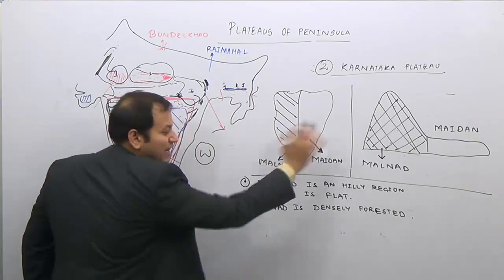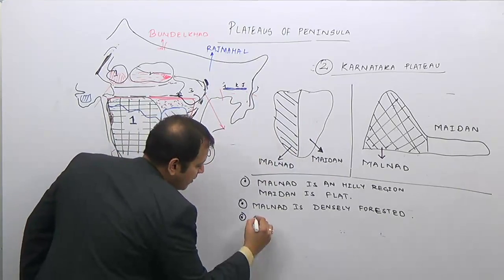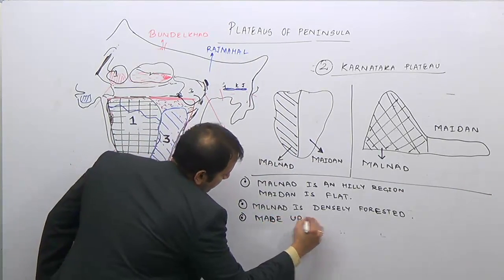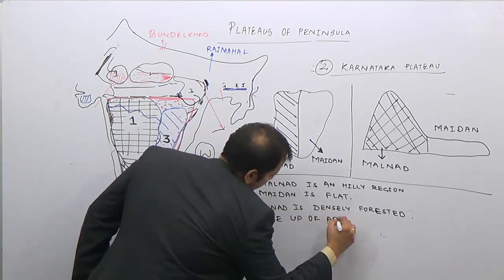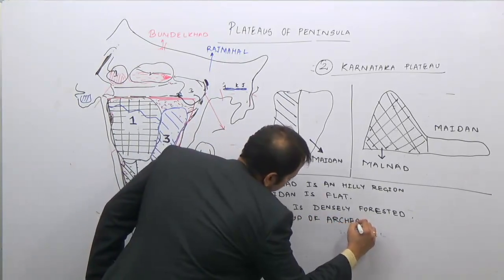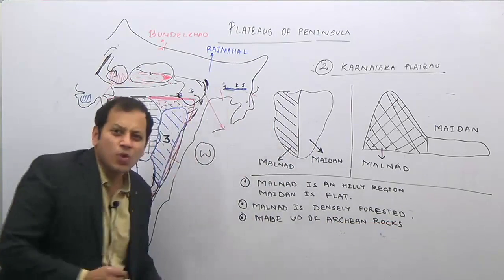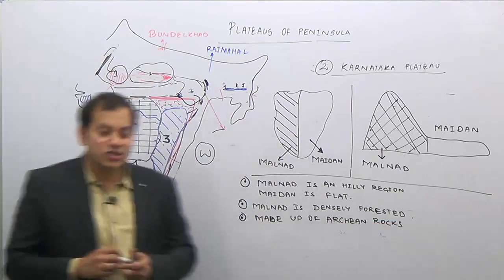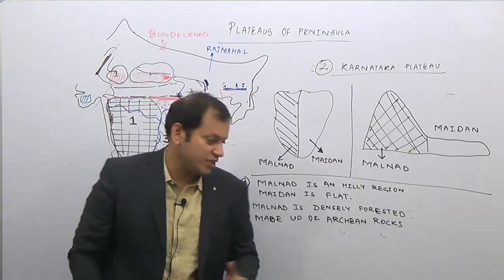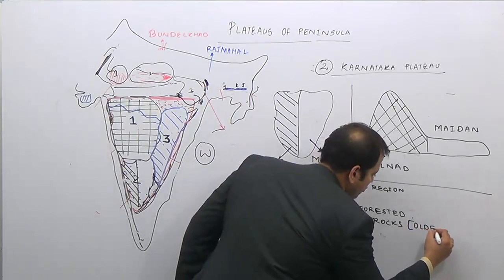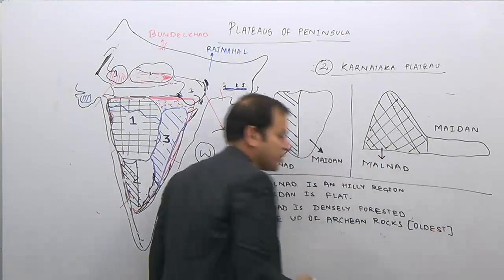This entire Malnad Maidan region is made up of Archean rocks, which are generally gneiss and schist.